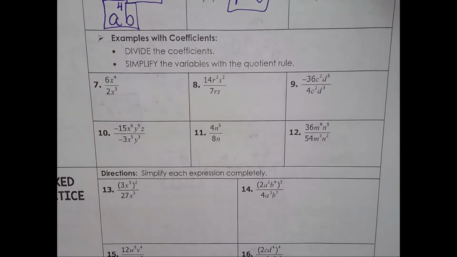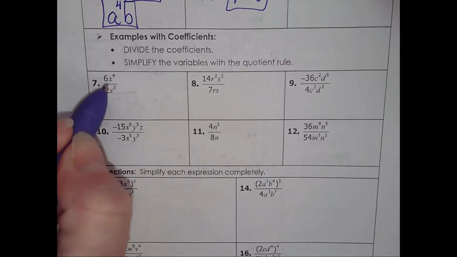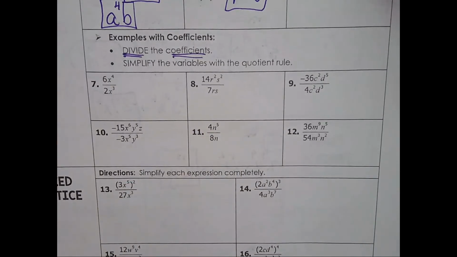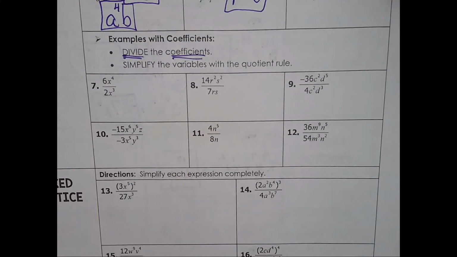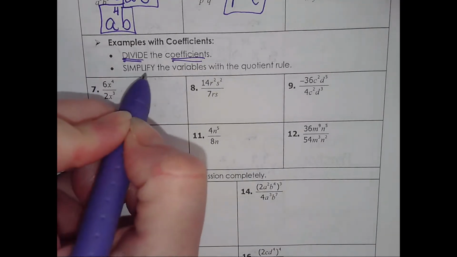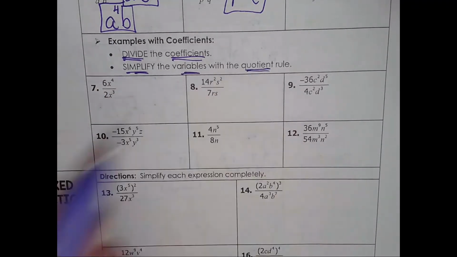I'm going to show you what happens when you have numbers though. When you have coefficients or numbers out in front, you actually divide the coefficients. If it stays a fraction, you leave it a fraction. After you divide the coefficients, you simplify the variables using the quotient rule.